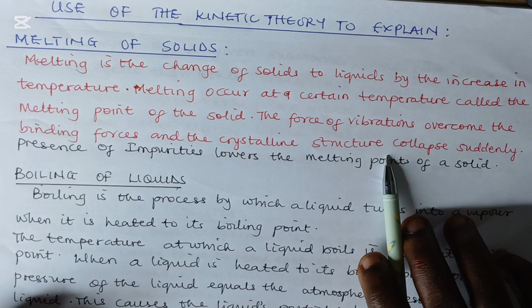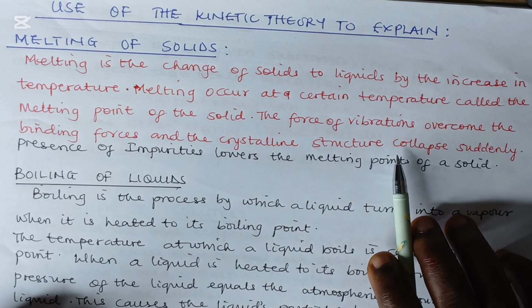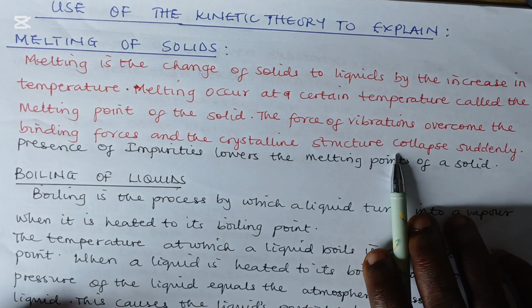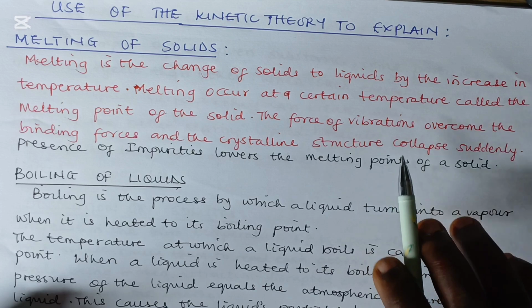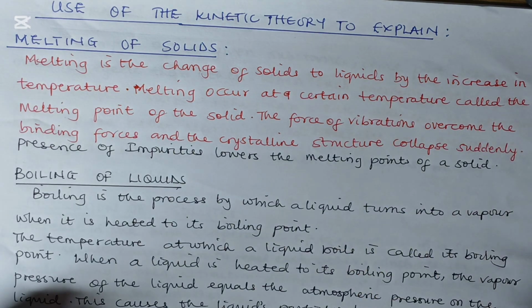They possess a kind of kinetic energy, and so they are able to move. And melting itself is a change of solids to liquids by the increase of temperature. That is the definition. And melting occurs at a certain temperature called the melting point. That is the temperature at which a solid melts, its melting point.